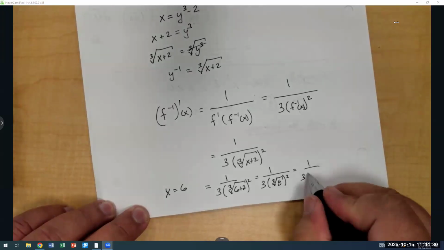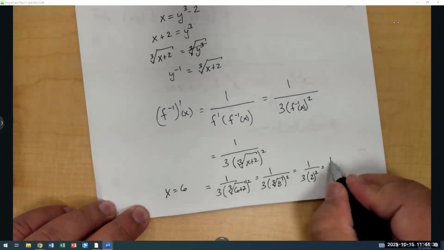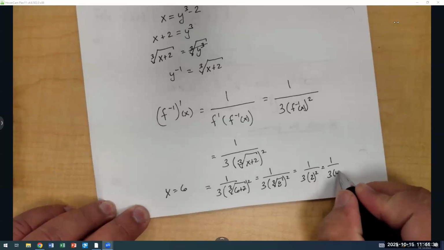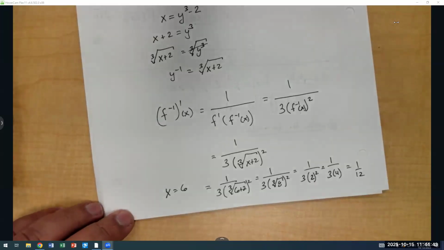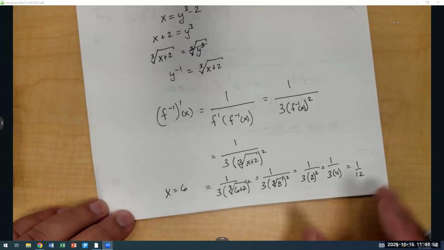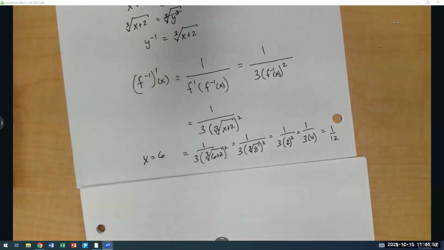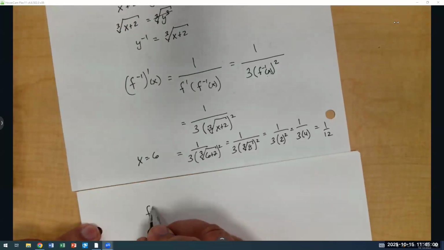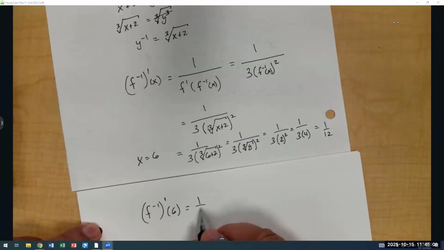What is the cube root of 8? 2. 3 times 4 is 12, so 1/12. So we have the derivative when x is 6 equals 1/12.